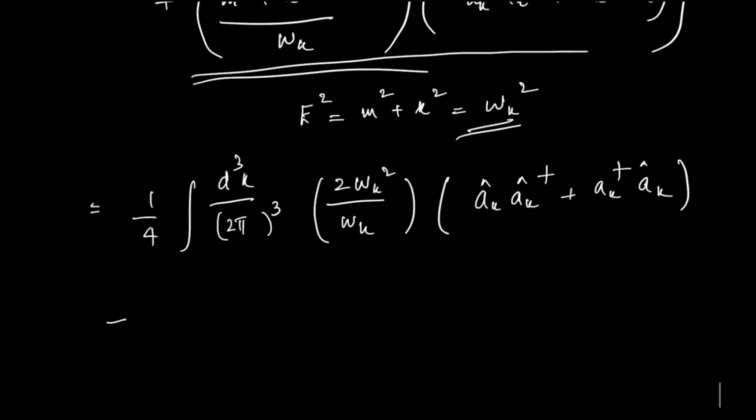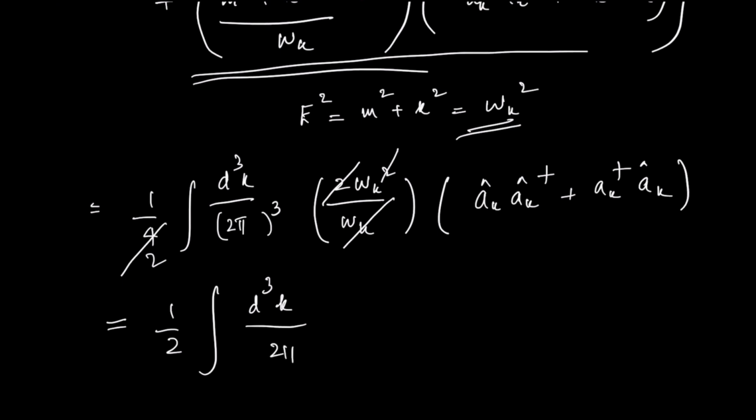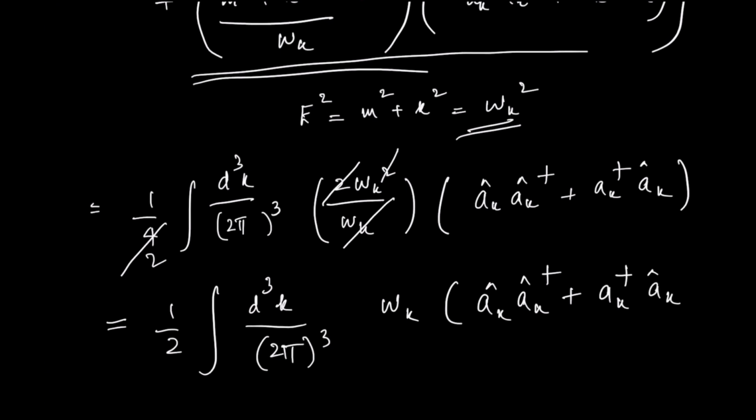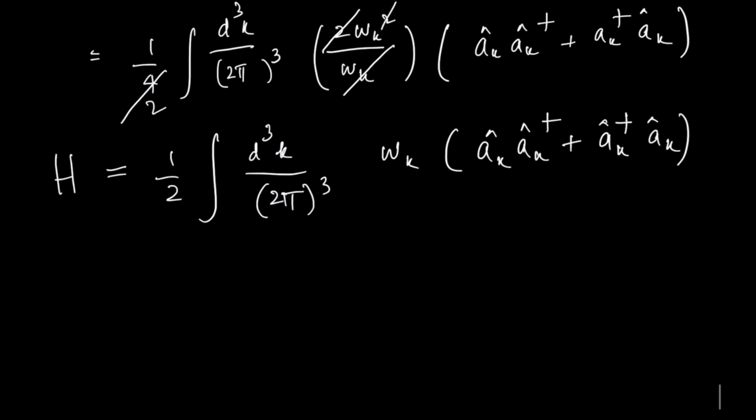So therefore, this 2 and 4 will cancel, we'll get 1 by 2 integral d cube k by 2 pi cube omega k multiplied by ak dagger plus ak dagger ak. So this is the total Hamiltonian H.